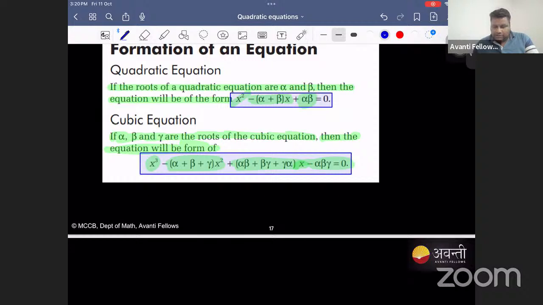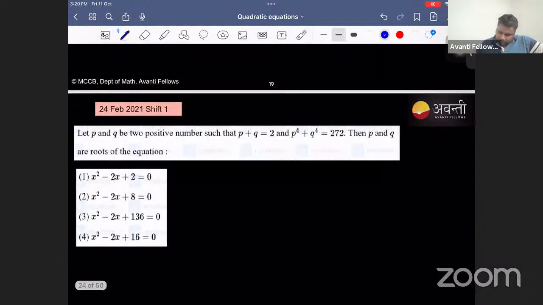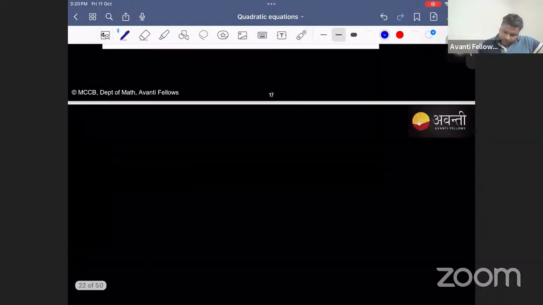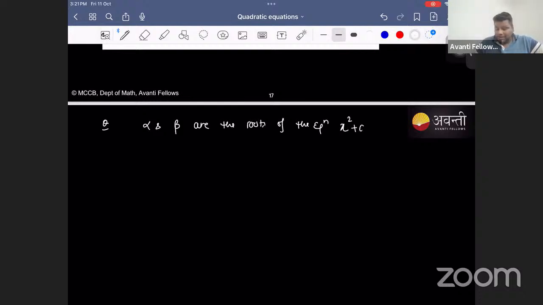Now see, there is a question. Alpha and beta are the roots of the equation x square plus ax plus b equals to 0.